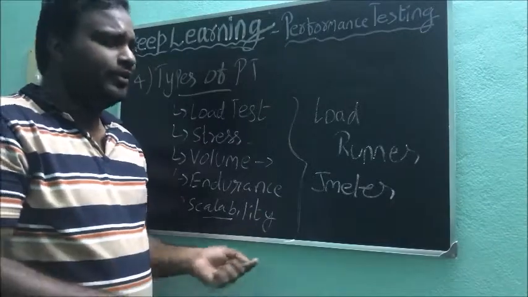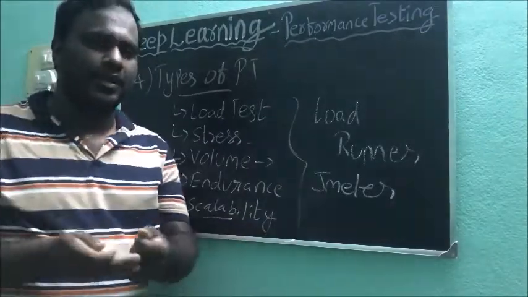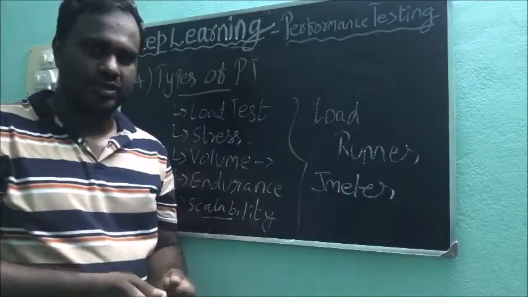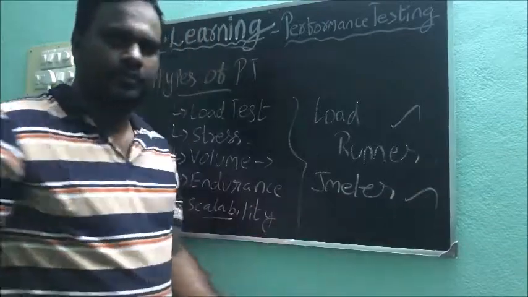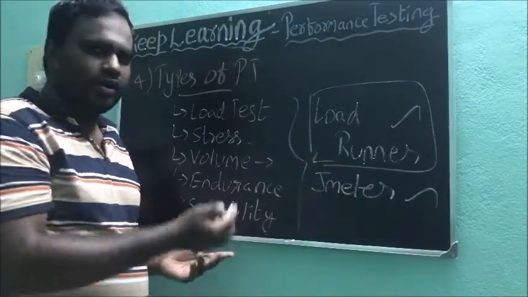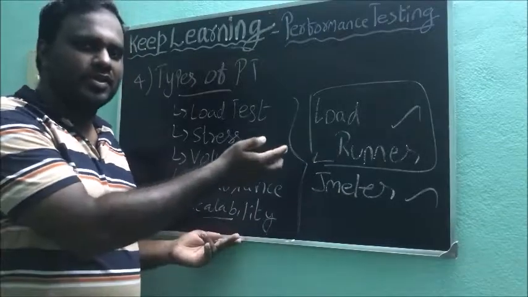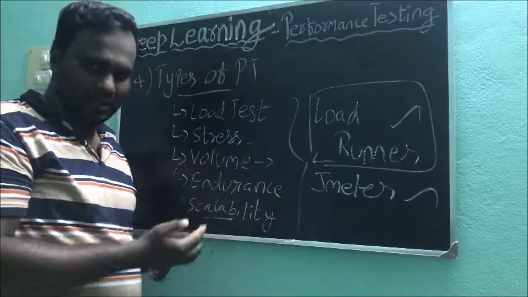I will try to show examples in both applications so that you can make a comparison and maybe you can learn both applications. But mostly I will focus on LoadRunner. Again, I will come to JMeter. In our next video, we will see more concepts using LoadRunner: what LoadRunner is and what all the components present in LoadRunner are, and how we are going to use it for scripting, execution and analysis purposes.